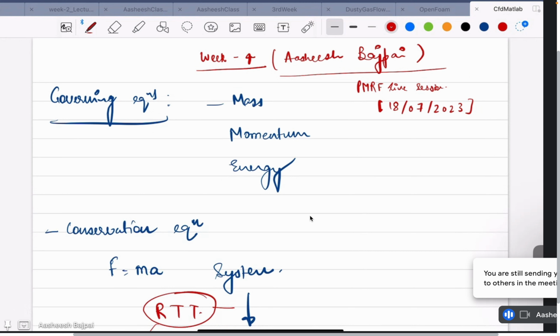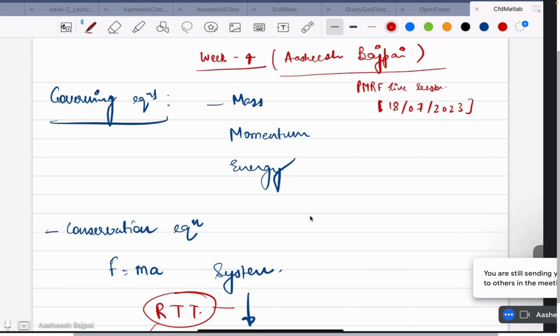So first I explained about the governing equations in the previous sessions, which is just a repetition for 10 minutes. There are three basic governing equations in CFD. One is mass, one is momentum, and one is energy equation. And in momentum, obviously there are three types of momentum conservation equation.